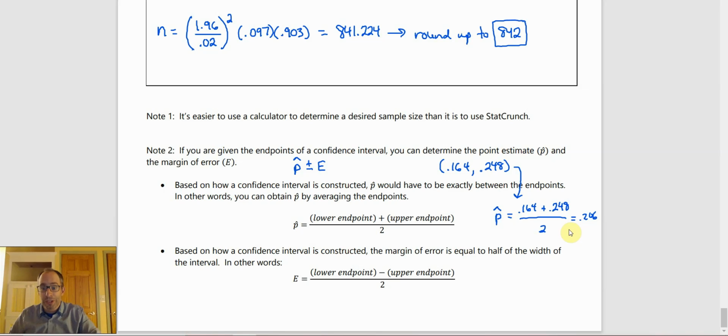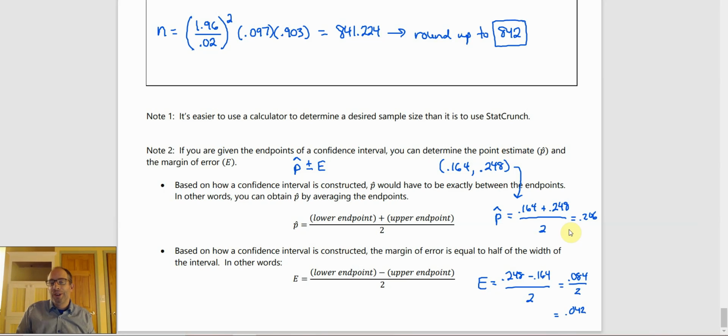So it should be 0.042, right? So E is 0.248 minus 0.164 over 2. The difference is 0.084 over 2, which is 0.042, which we said is what it should be, and that's working out.